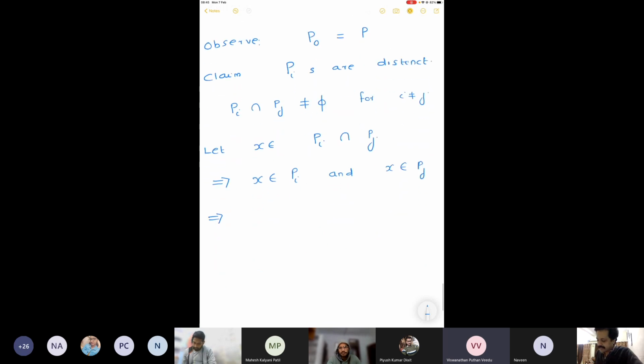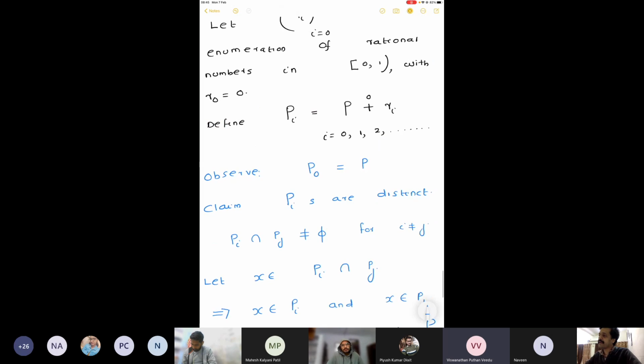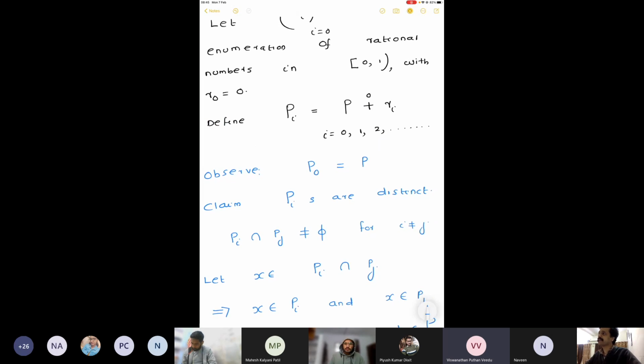That implies x is equal to some small pi plus Ri, where small pi is in P, and x is equal to some small pj special translated with Rj, where small pj is in P. An element is in capital Pi means it is an element in P special translated with Ri.